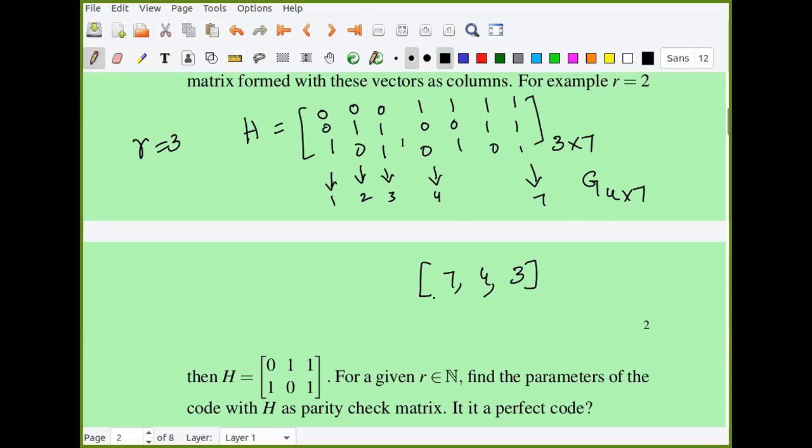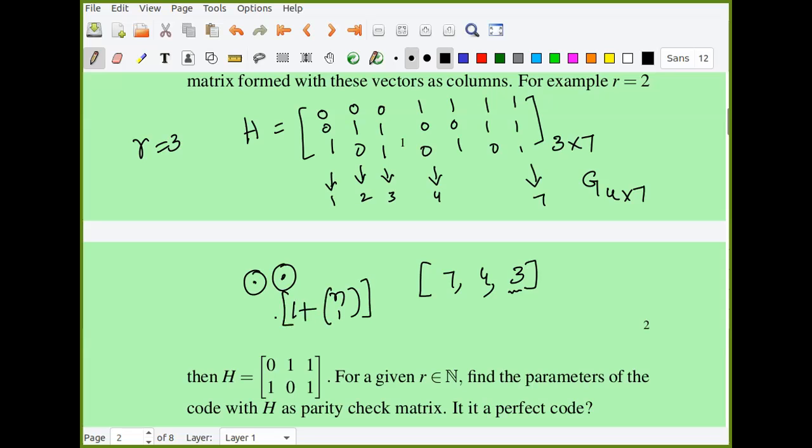And further we are to understand that it is a perfect code. Why is it a perfect code? Because the distance of the code is 3. That means if I take a circle of radius 1, these are the code words, and how many vectors will be inside that? This is exactly 1 plus n choose 1, right?